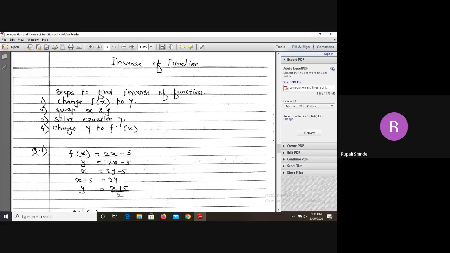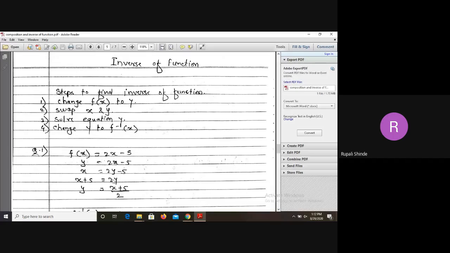Now what is the step number 2? Swap x and y. Wherever we have written y, we have to replace that y by x and x by y. So according to the second step, our equation becomes x is equals to 2y minus 5. Now we have to apply step number 3, that is solve equation for y.